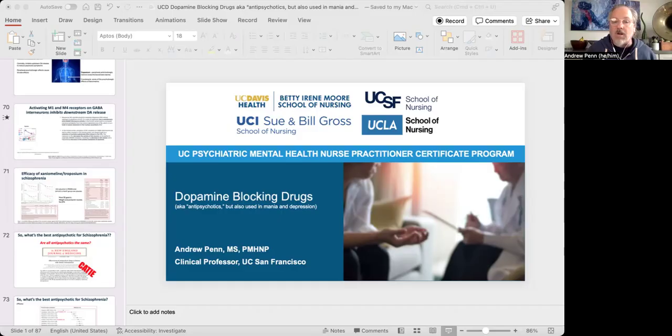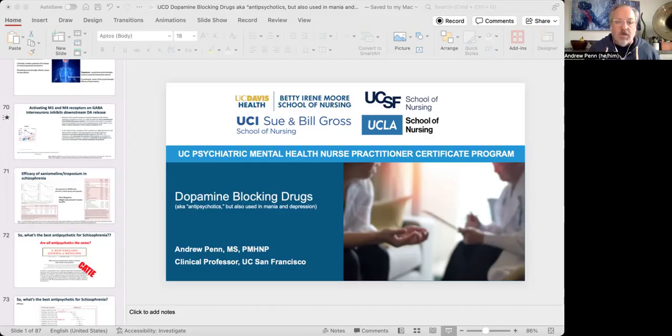That is actually going to cause dopamine release in the areas of the brain where we want increased dopamine, while not allowing dopamine to increase in the areas where we don't. Serotonin 2C blockade is probably what accounts for some of the weight gain issues that happen with the second generation antipsychotics.